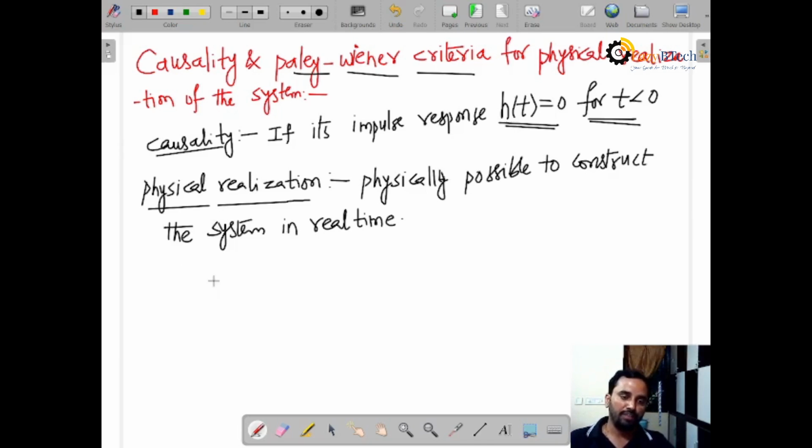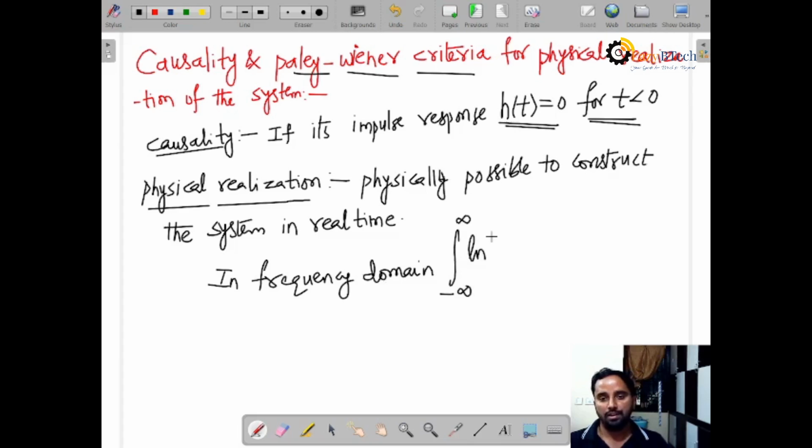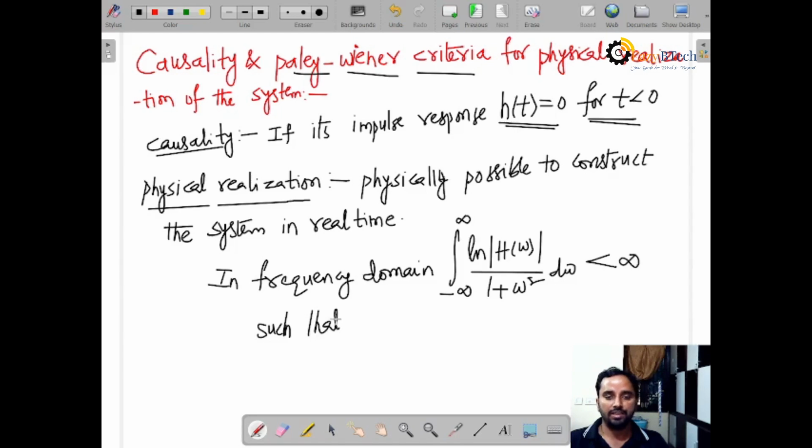So in frequency domain, the integral from minus infinity to plus infinity of log of magnitude of h of omega divided by 1 plus omega square, d omega, is less than infinity, such that the integral from minus infinity to plus infinity of magnitude of h of omega square, d omega, is less than infinity.